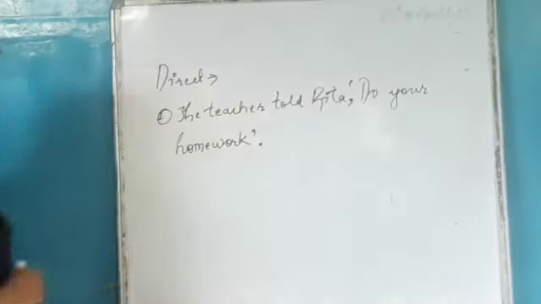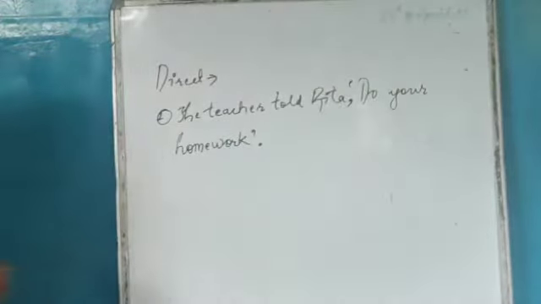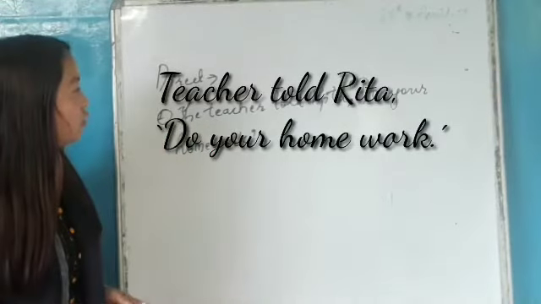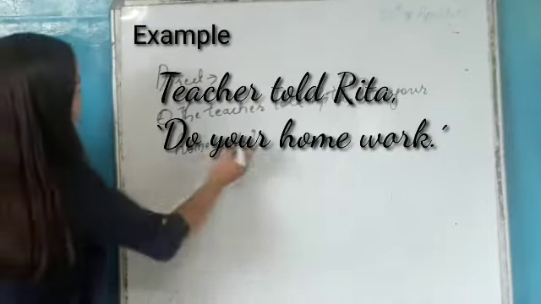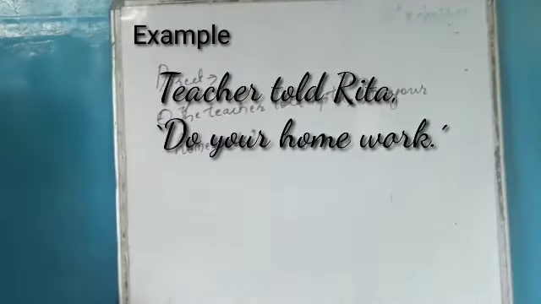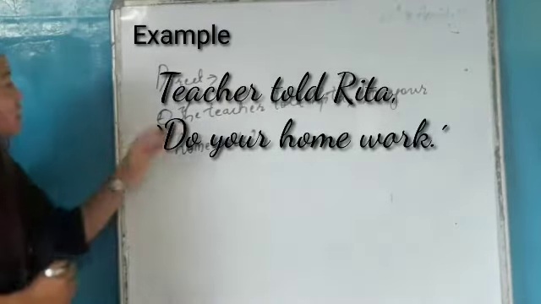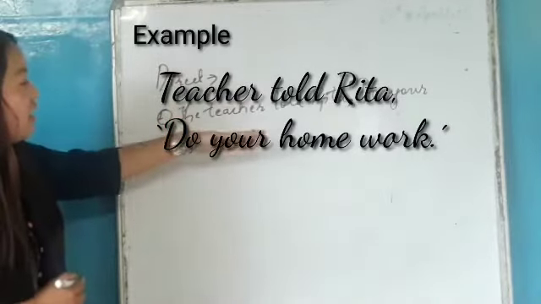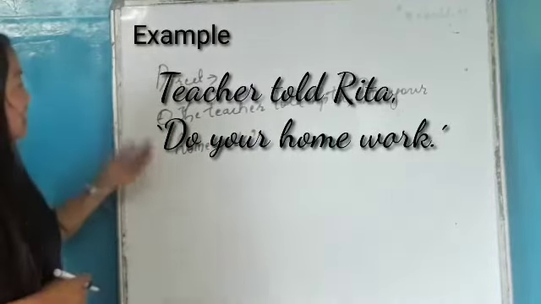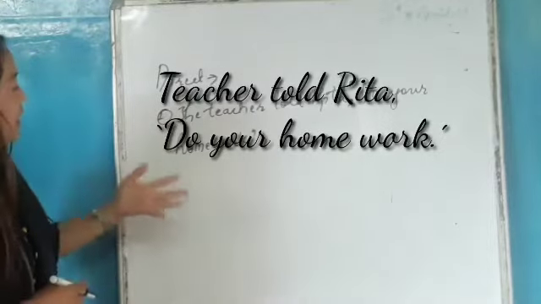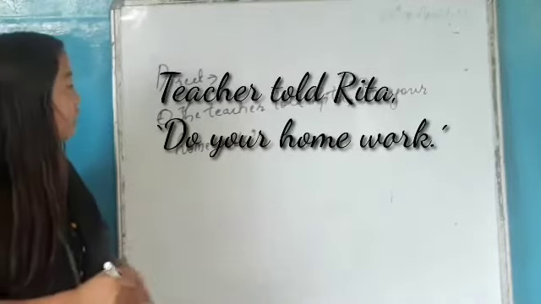You can read the sentence here: the teacher told Rita, do your homework. You can call it a direct sentence because whatever the teacher is telling Rita, you are conveying the message in an exact way.